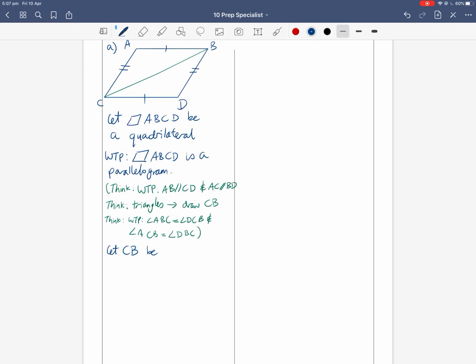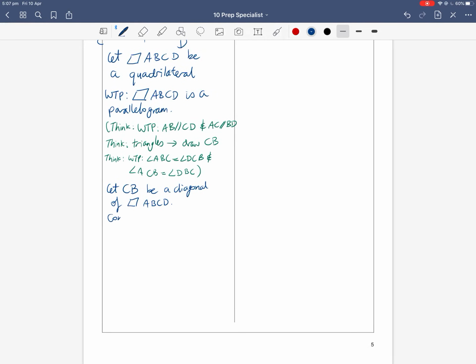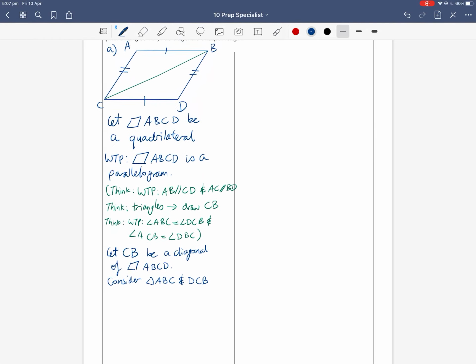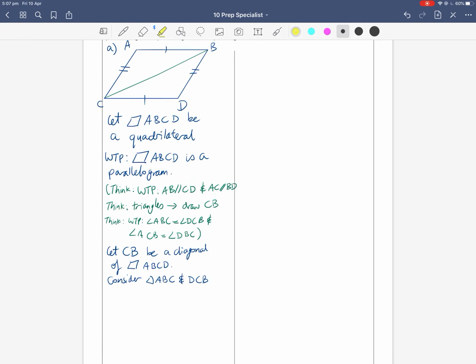So let CB be a diagonal of the quadrilateral ABCD, so that we can consider the triangle ABC and triangle DCB. So in our diagram, we're first going to look at ABC, yellow, versus the DCB, the blue triangle.